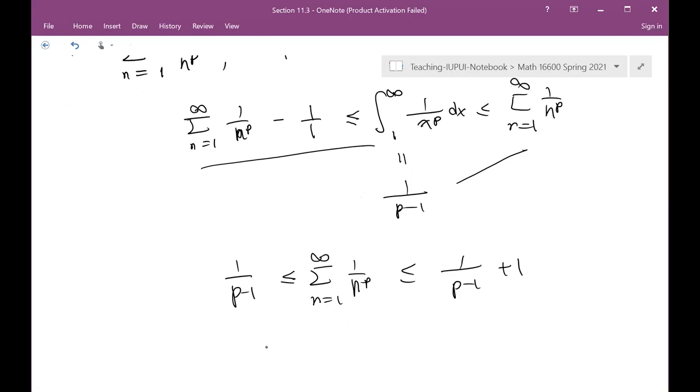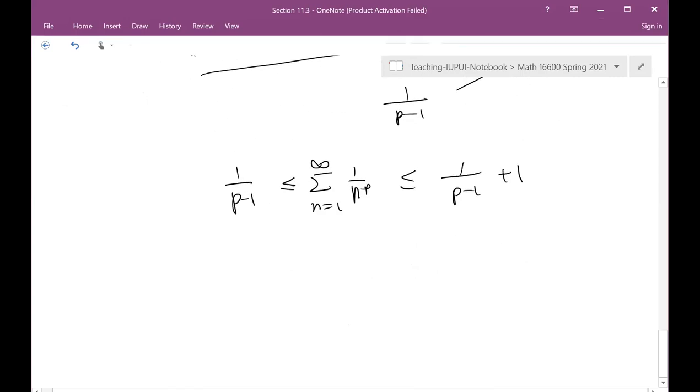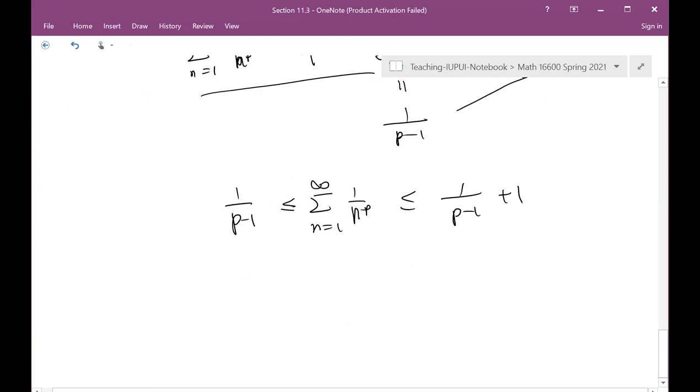It's good to estimate. Actually, the difference between the lower bound and upper bound is what? This is a very important result.